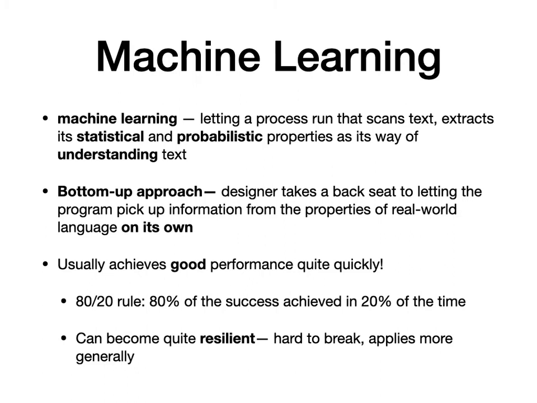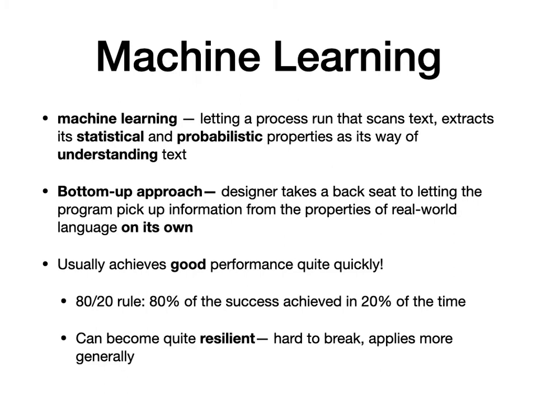Whereas the rest is sort of diminishing returns. And it can become quite resilient. Depending on how complex you allow the machine learning model to become under the hood, it can learn to be pretty general. It can learn a lot of information that you could never hand code in it, because you're allowing it to study a trillion things that you could never read on your own, right?